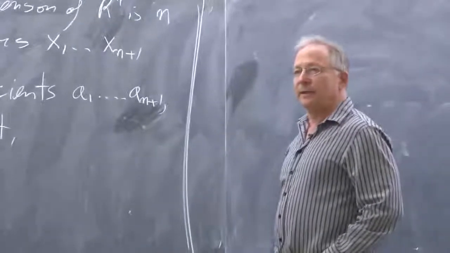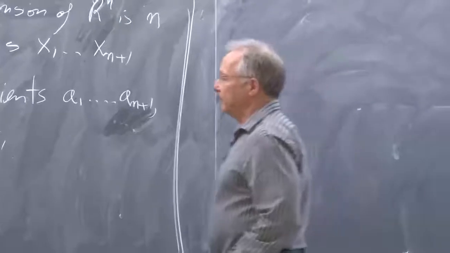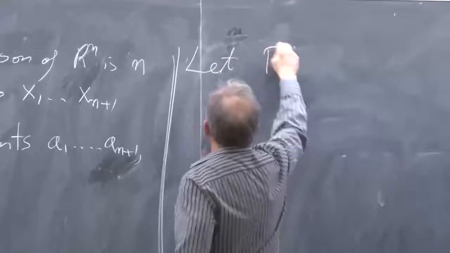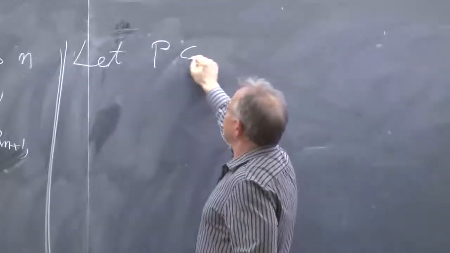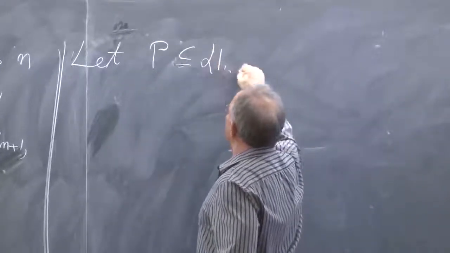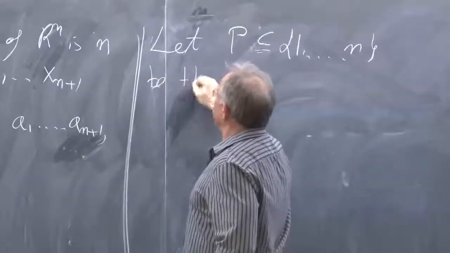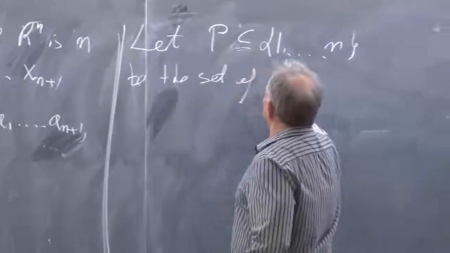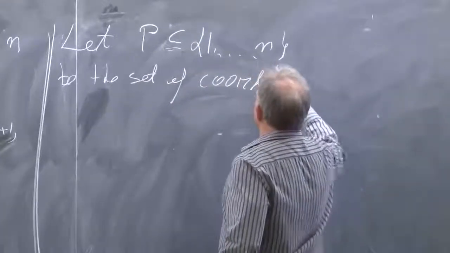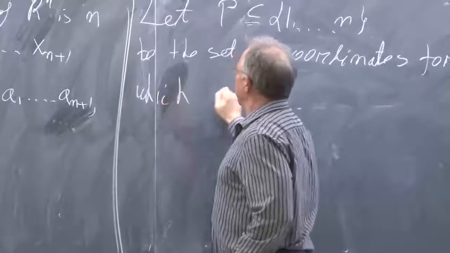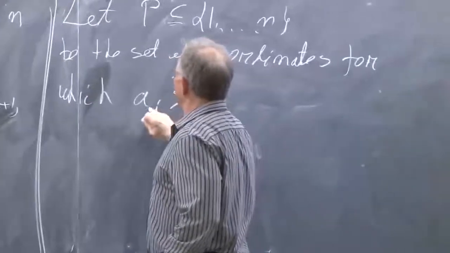So if that's the case, now I will divide. Let P, a subset of 1 to n, be the set of coordinates for which ai is greater than 0.